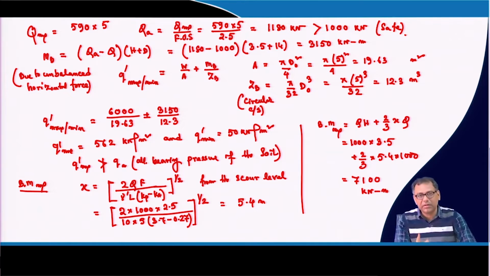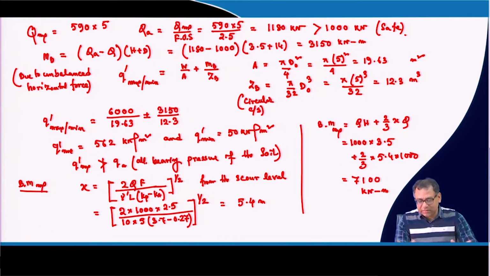Another thing I want to say is that I have done the calculation by considering 6000, because if I consider 5000, then your q dash min will be negative. So, you have to take care of that. If it is coming negative, then you have to redesign, because here I have shown you an example problem, and I have taken 6000 kilonewton. So, both are positive, but if you want to avoid the negative stress which will be generated at the base, then you have to change the dimension.